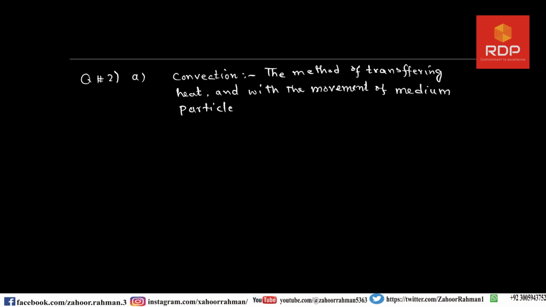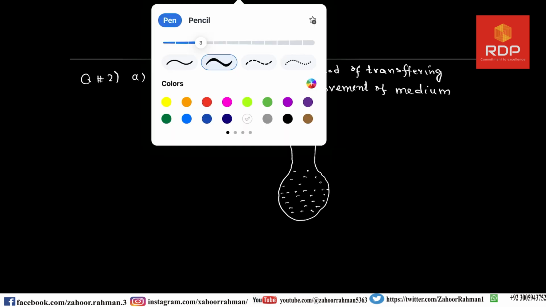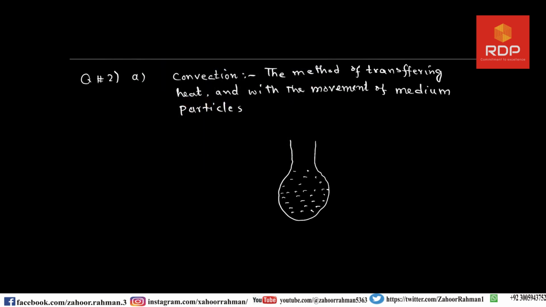Ladies and gentlemen, we discussed that if we have a flask with water and we put in potassium permanganate, which is of pink color, pinkish like this.